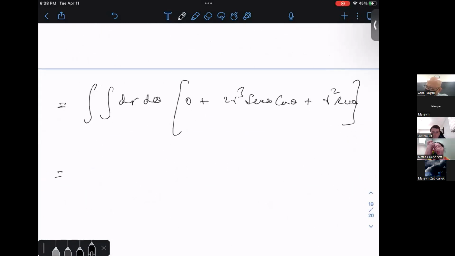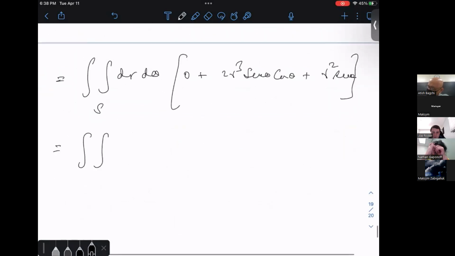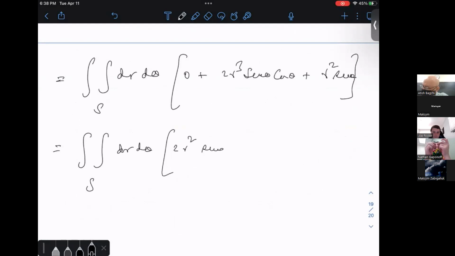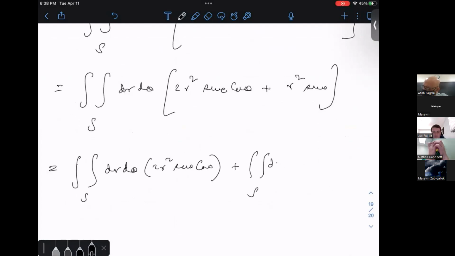So this is equal to the integral over S, dr d theta, of 2r cubed sine theta cosine theta plus r squared sine theta.